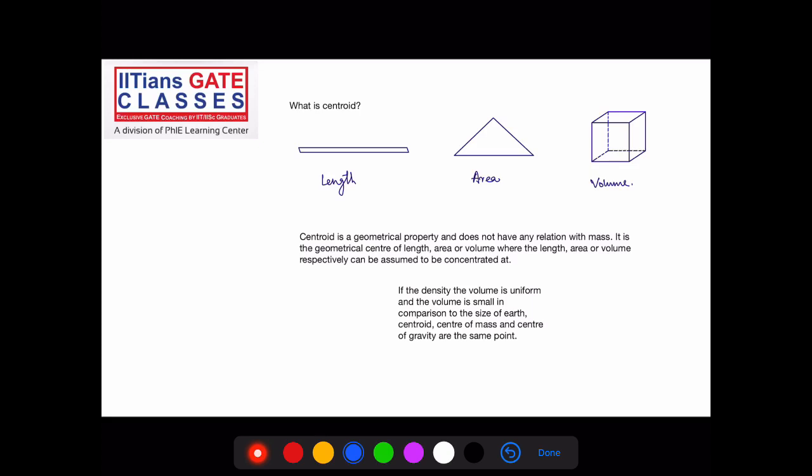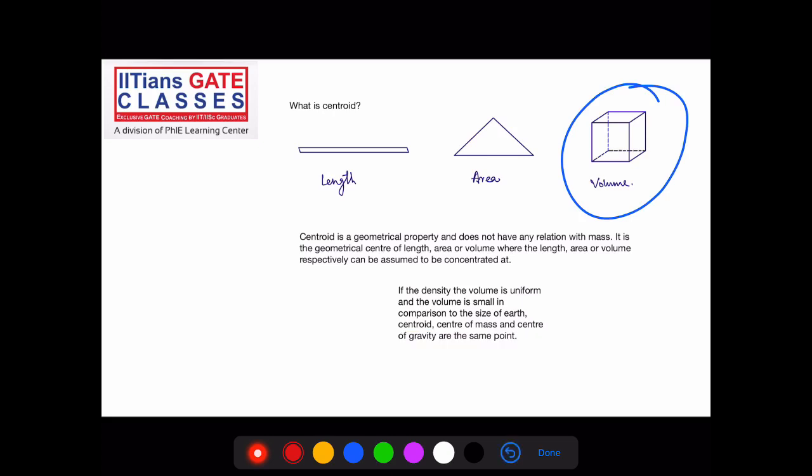Now, there is no concept of center of mass or center of gravity for area and length. However, if you consider a volume, and the density is uniform throughout, meaning mass is evenly distributed throughout the volume, and the volume is small in comparison to the size of the Earth, in that case the centroid, center of mass, and center of gravity are actually the same point.